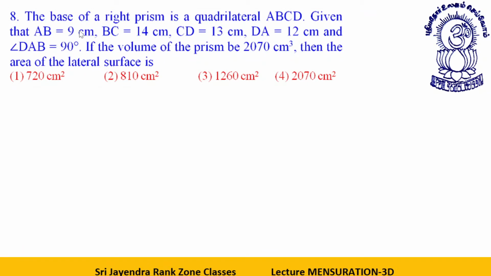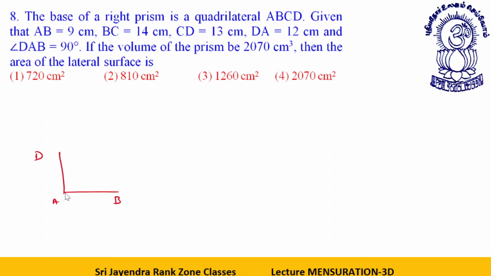See, the base of a right prism is a quadrilateral ABCD given this, and angle DAB is equal to 90. If the volume of the prism be 2070, then the area of the lateral surface is, it might be a bit lengthy, but it will be easy. First of all, AB 9, BC 14, angle DAB is equal to 90. Let's start with this. This is DAB.